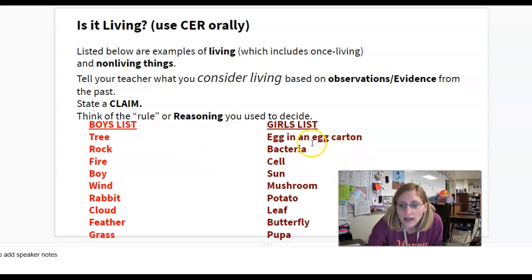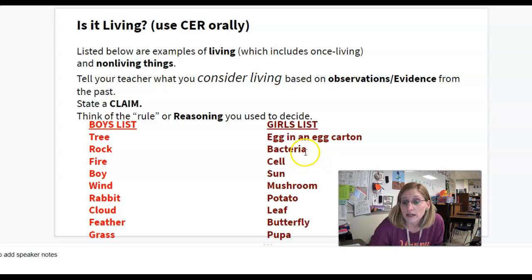Okay, let's go to the girls list. How about an egg in an egg carton? Bacteria? A cell? What do you think? Okay, good. If you said 2 out of the 3 are living, you're 100% correct. The egg in an egg carton is non-living.